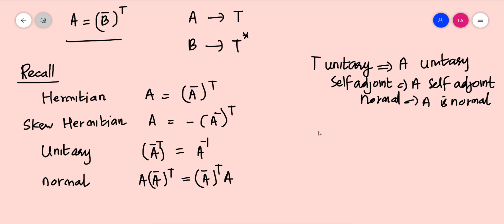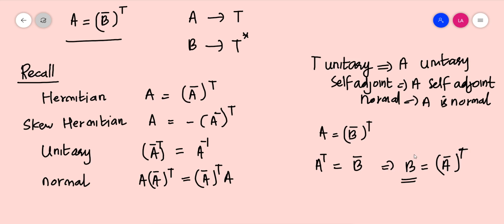From this, we can write A is equal to B conjugate transpose, or if we take the transpose, A transpose is equal to B conjugate, or B is equal to A conjugate transpose. It can be actually interchanged. So the matrix of the Hilbert adjoint operator T star and the matrix of T have been related using the relation B is equal to A conjugate transpose.